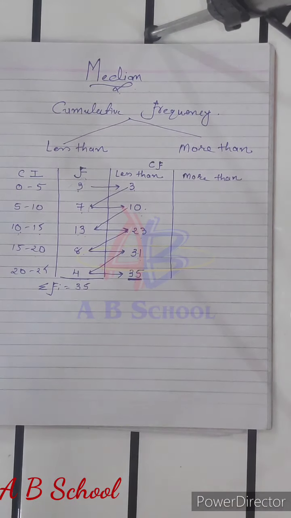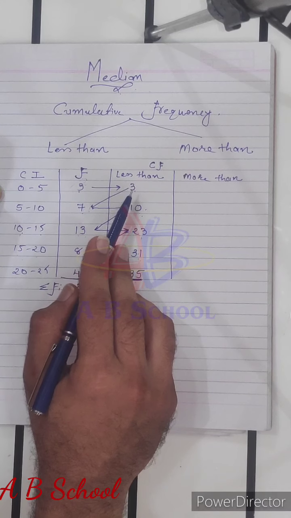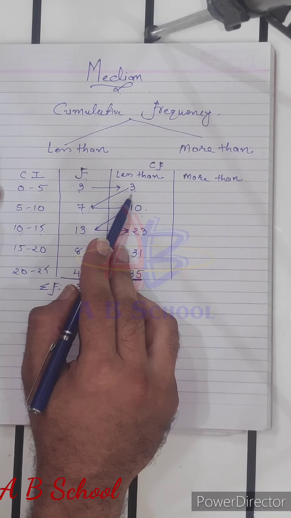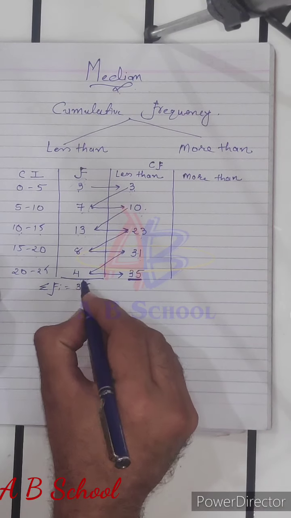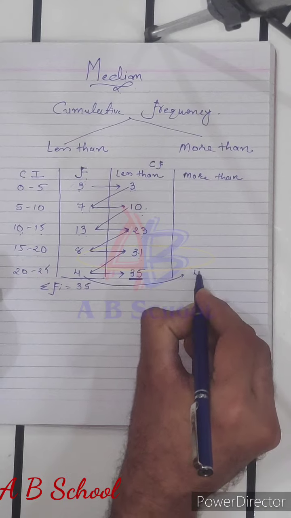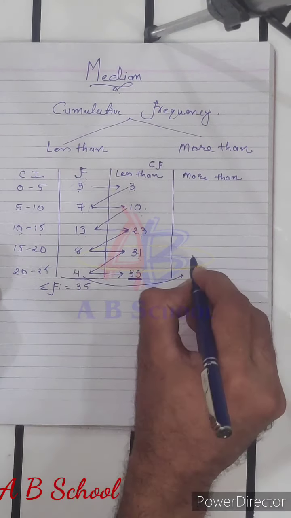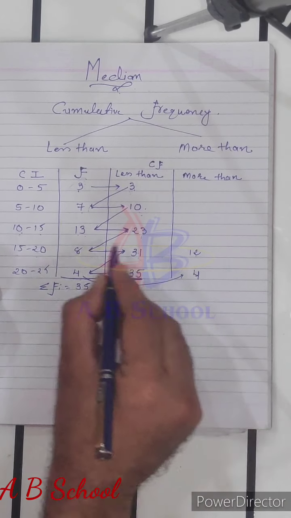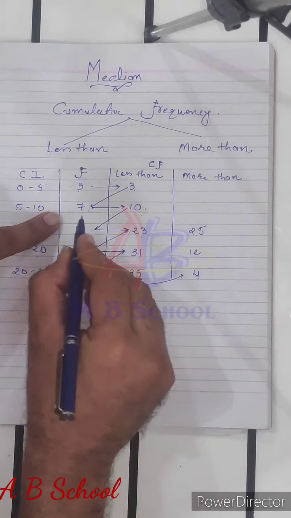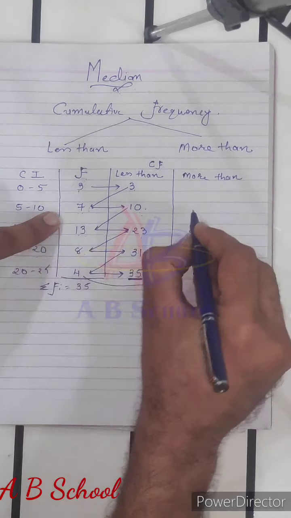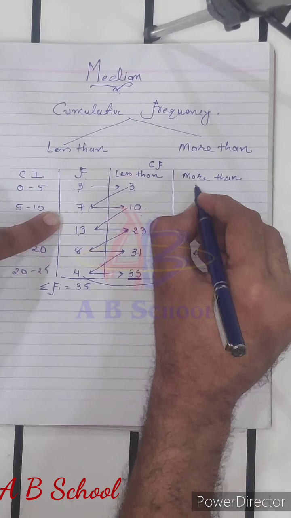Okay, now let us go for the more than type. For less than type we wrote the first number as it is, the smallest number at the top. But for more than type, the first frequency will go as 4. Then 4 plus 8, 12. 12 plus 13, 25. 25 plus 7, that is 32. 32 plus 3, 35.